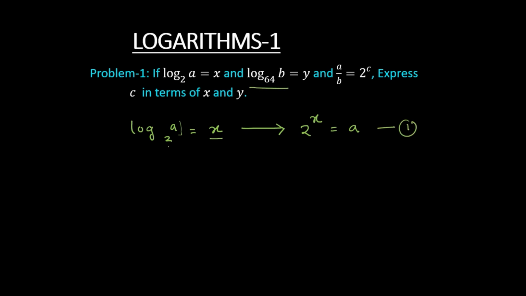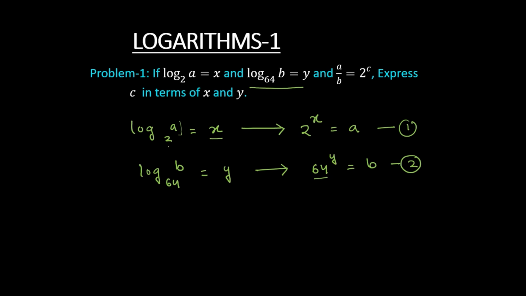Whereas for log b base 64, I can write log of b base 64 equals y. Its exponential form will be 64 raised to the power y equals b. Let this be equation 2. Now 64 can be represented in terms of a power of 2.